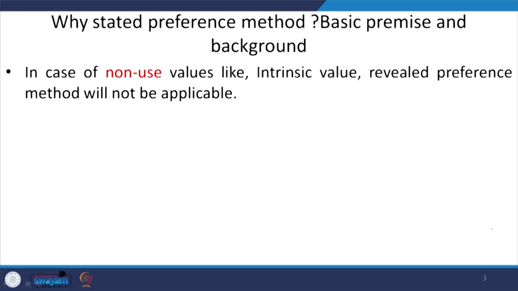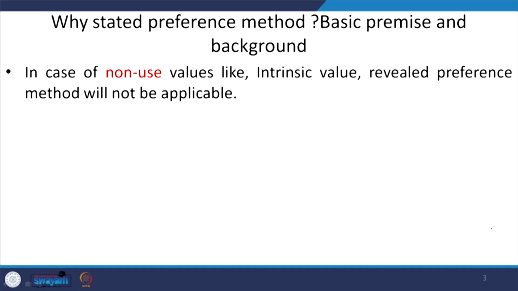But in case of non-use values, these revealed preference methods cannot be applicable. And again, for estimating the total economic value of nature or the environment, we need to estimate both the use value and non-use value.